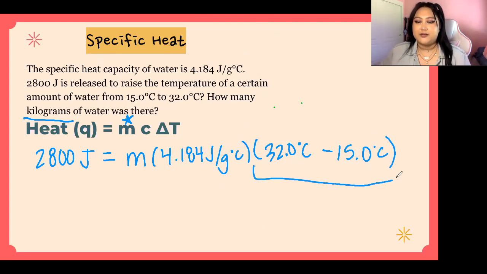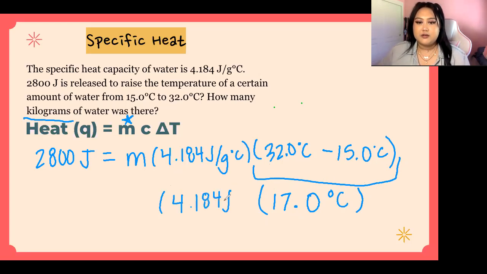Just this part. What does that equal? 17? Okay, 17.0, right? For sig figs. And then this drops down. M is still here.